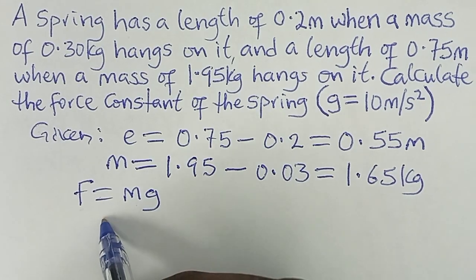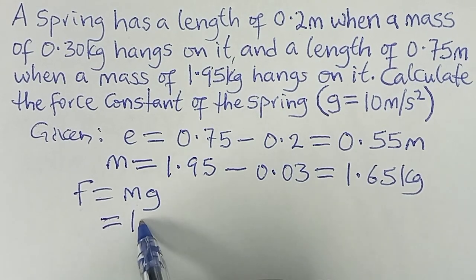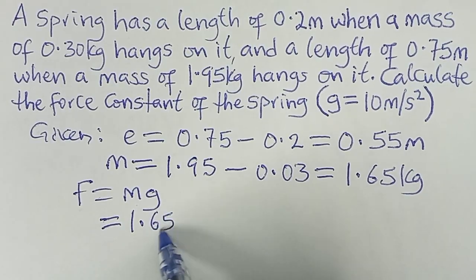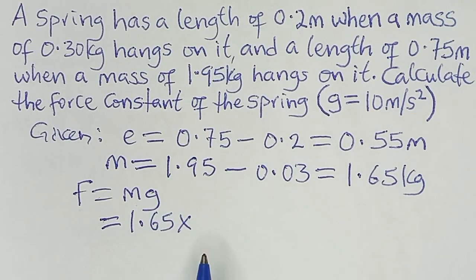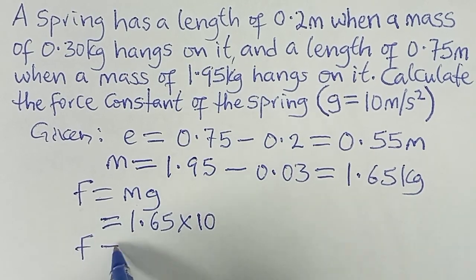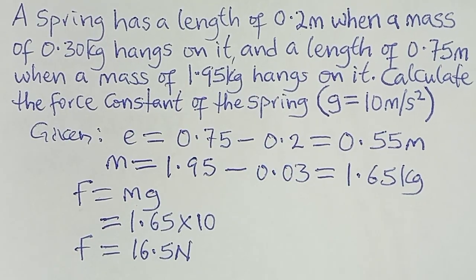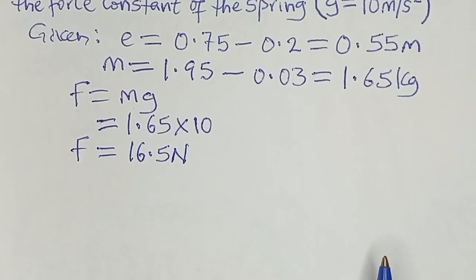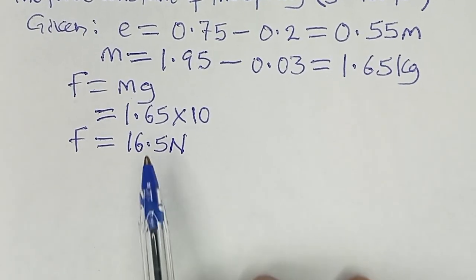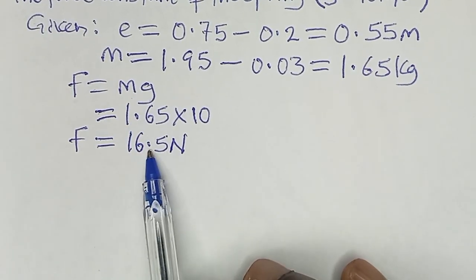So I have F as the force, the mass 1.65 multiplied by acceleration due to gravity, which is 10. So that gives me the resultant force as 16.5 Newton. So this resultant force is what I'm going to use now for my calculation.